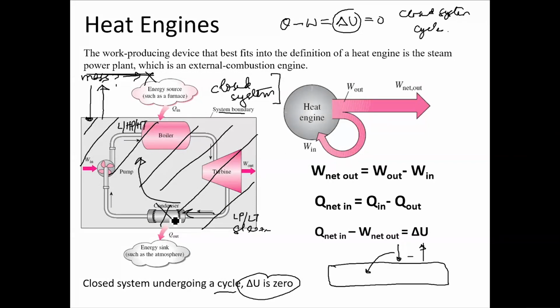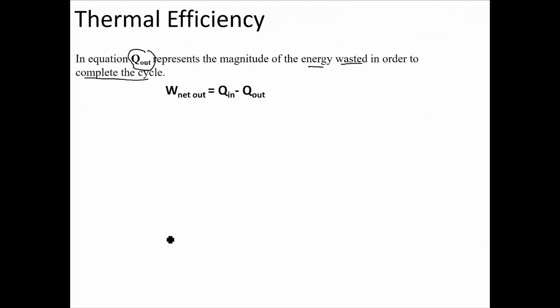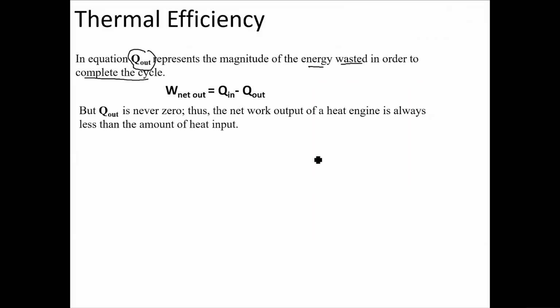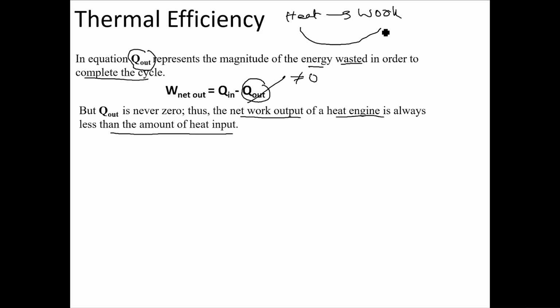So you will not be able to complete the cycle if this heat is not rejected to the sink. That means Q out cannot be equal to 0. The net work output of a heat engine is always less than the amount of heat input. You wanted heat to be converted into work, but in order to convert heat into work, you will always have Q out. That means not all of the heat could be converted into work in a cyclic engine.